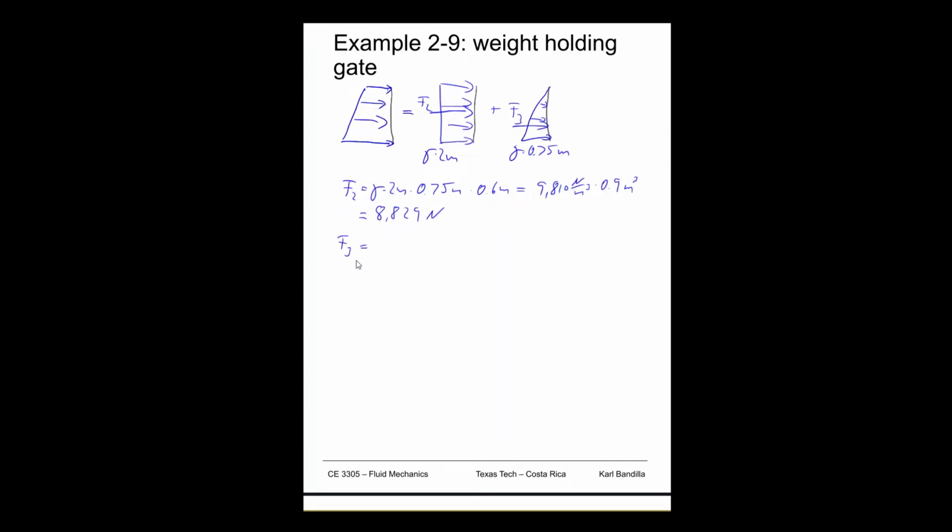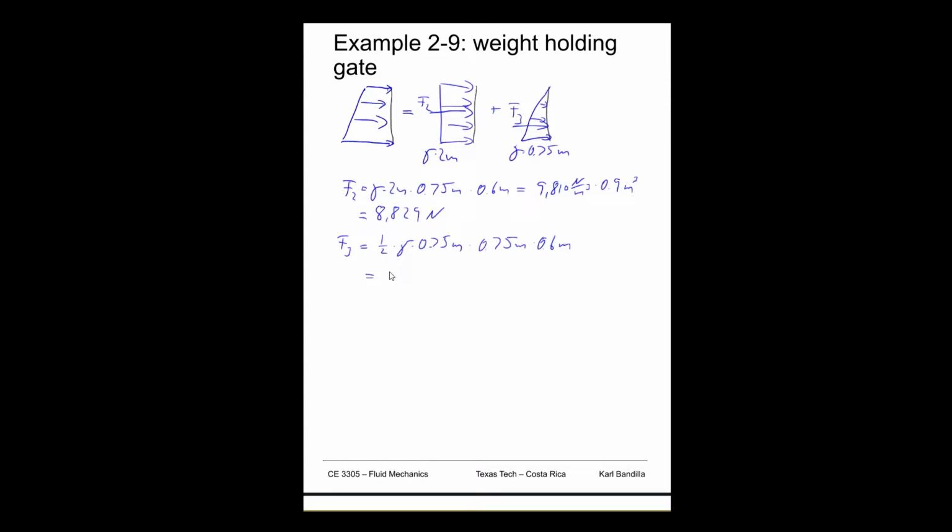And for F3, this is now a triangle, so you do 1/2 times the height, which is gamma times 0.75 meters. The length there is also 0.75 meters, and of course, overall width going into the page for us still 0.6 meters.